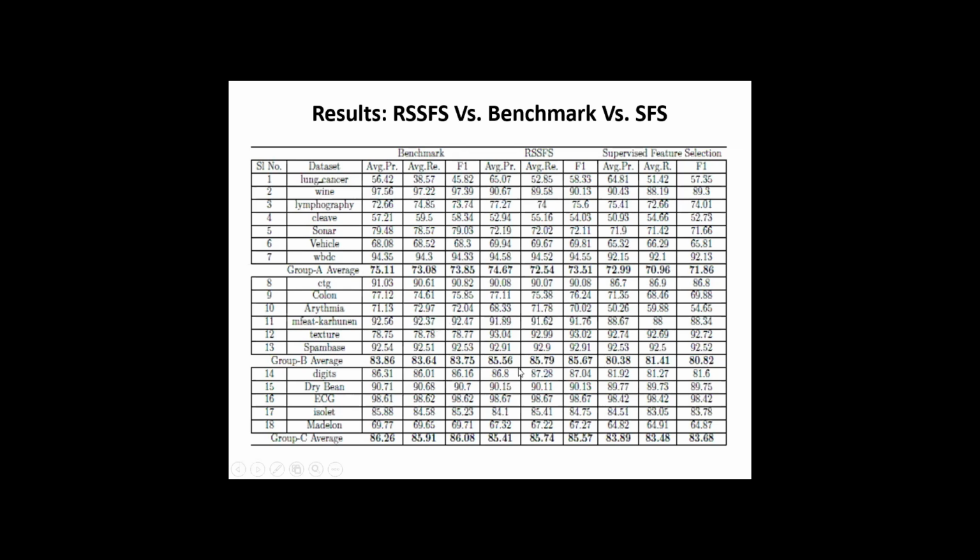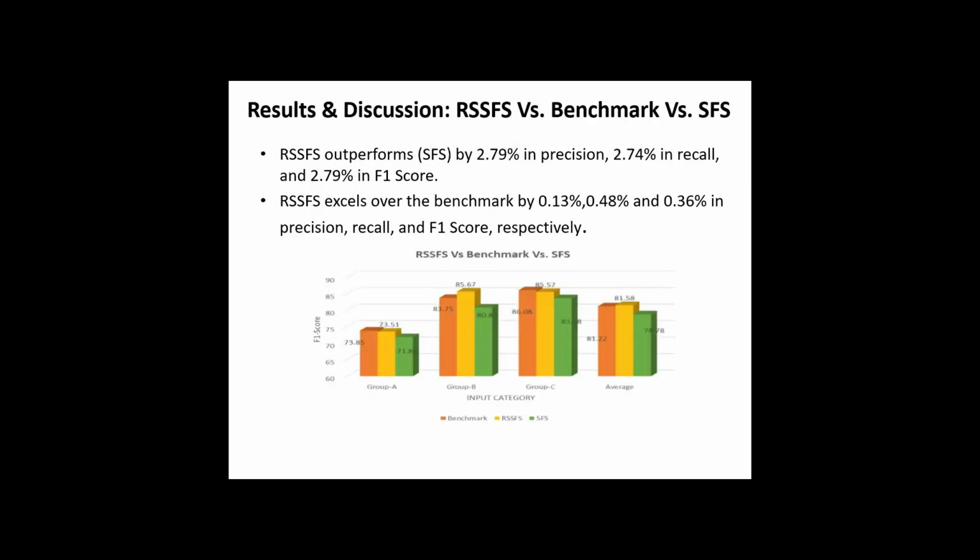Same story in group B: ours was 85.67, the benchmark was 83.75, and it has again excelled over the supervised feature selection algorithm. So here is a snapshot of our 18 datasets divided into three categories.